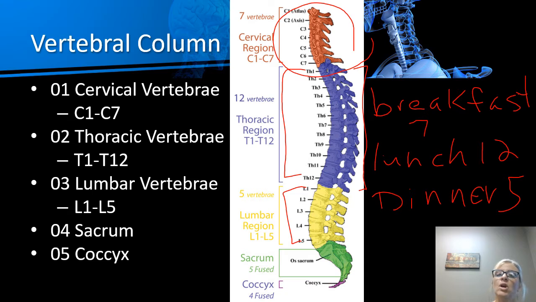Breakfast is at 7, so there are 7 cervical vertebrae because they are first. Lunch is in the middle, lunch is at 12, and we have 12 thoracic vertebrae. Dinner is at 5, and we have 5 lumbar, or the lowest, vertebrae. Then we have the sacrum here, which is 5 fused vertebrae, and the coccyx, which is also known as our tailbone.